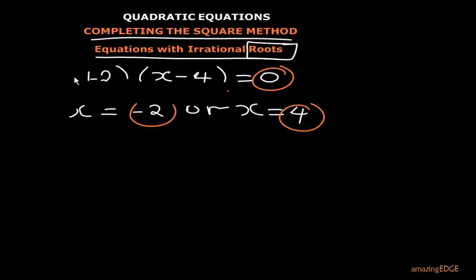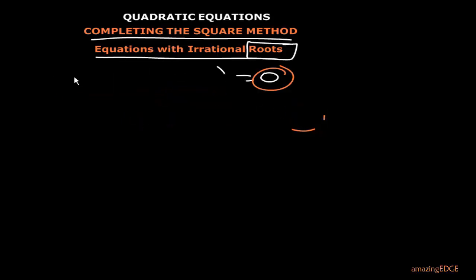Then we talked about irrational. What do we mean by irrational? First of all, we ask ourselves what an irrational number is. An irrational number, you remember, is a number whose square root does not exist per se. A number that doesn't have an exact square root. For instance, the square root of 3, the square root of 2.